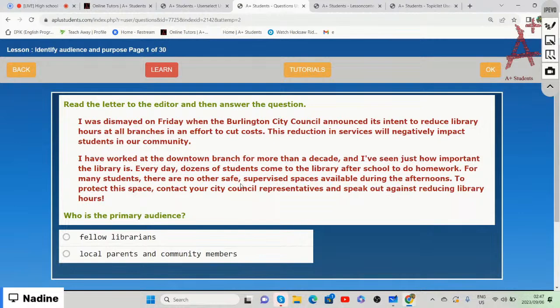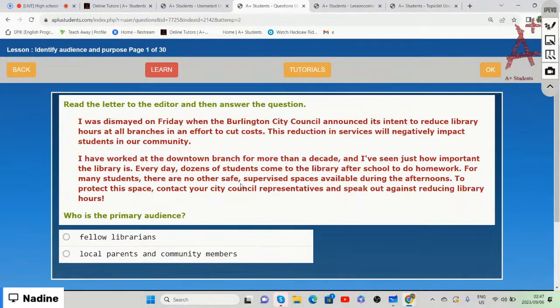So, this is a letter to an editor. Now we need to find out who is the primary audience. Is it fellow librarians or local parents and community members?